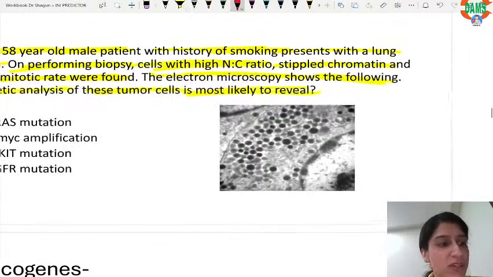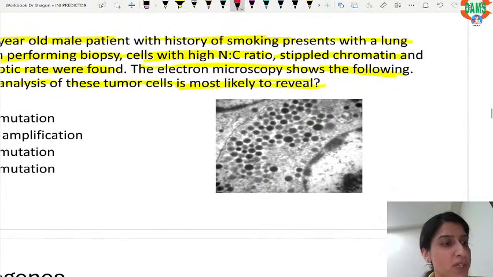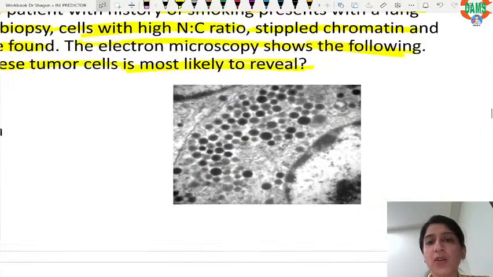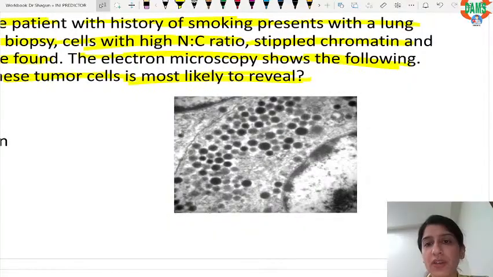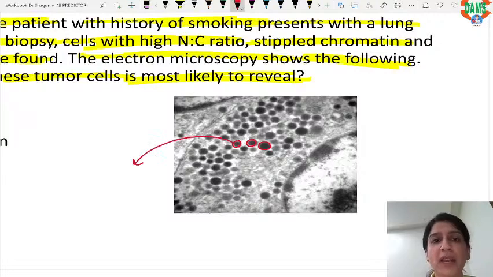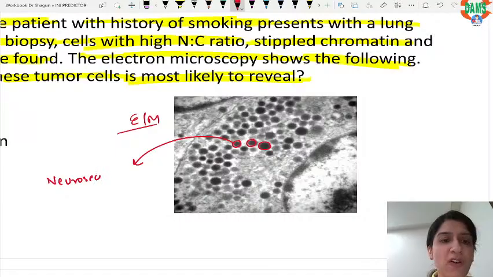So if I look here, please ask the question. Look here. On electron microscopy, I see this classical electron microscopic image, and I see the classical presence of neurosecretory granules here.